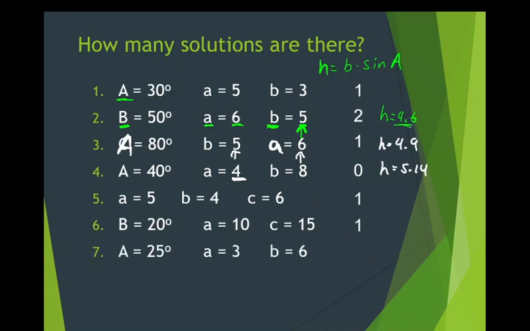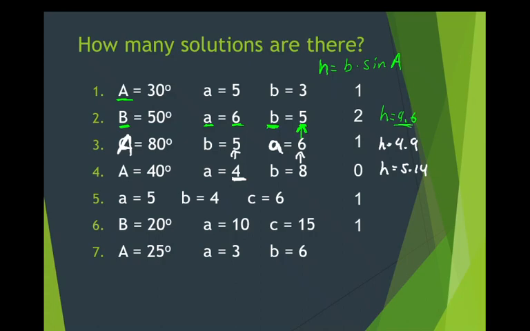This one here. Is it the ambiguous case? Yep. We've got 2 sides and my angle matches one of the sides. So again, since A is smaller than B, we've got to check the height. So we do 6 times the sine of 25, and we get the height of 2.5. So A is bigger than the height.